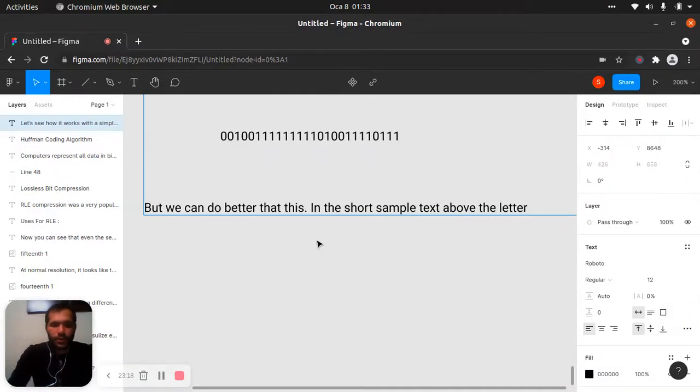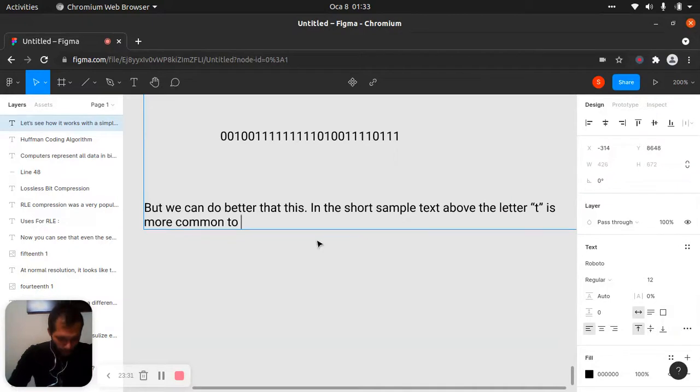the letter T is more common than the other letters. Yes, so let's say T occurs 7 times.